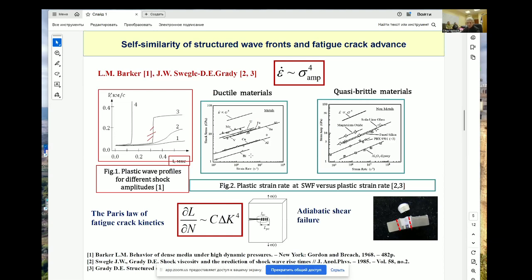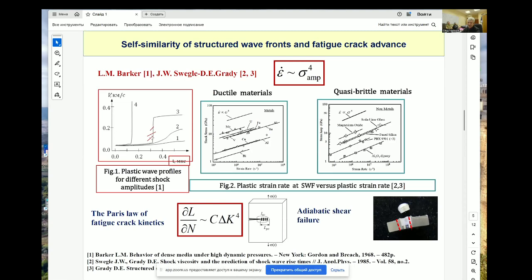I would also like to attract your attention to a very exciting similarity between the cell-similar structure of the structured shock wave and the Paris law for ductile materials. It's a well-known fact that the Paris law for ductile material has a power also very close to four.